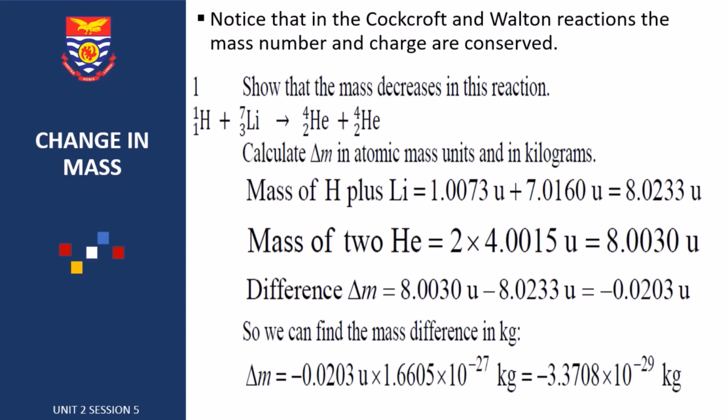We have this example here which says show that the mass decreases in this reaction, and we've been given a proton reacting with a lithium to give us two helium atoms. And the question continued to say that we should calculate the change in mass, that is, change in atomic mass unit, in kilograms, which means that we have to find the difference in mass and then convert it to kilogram.